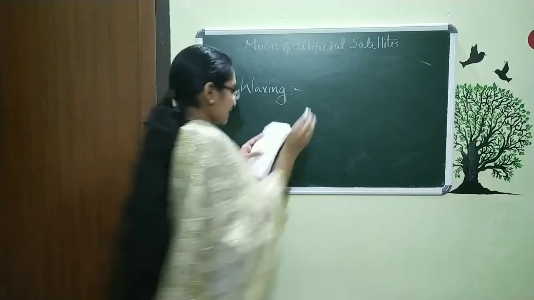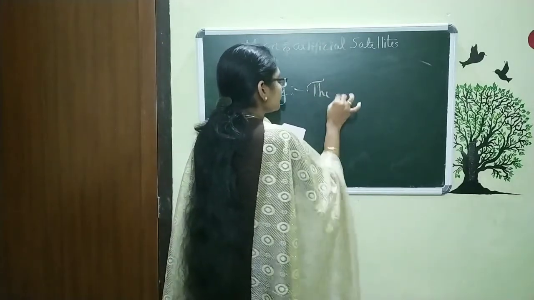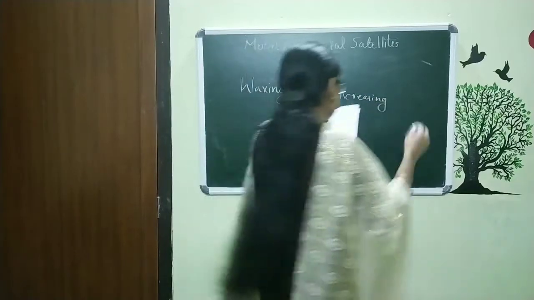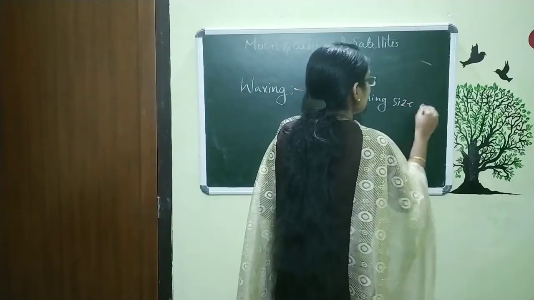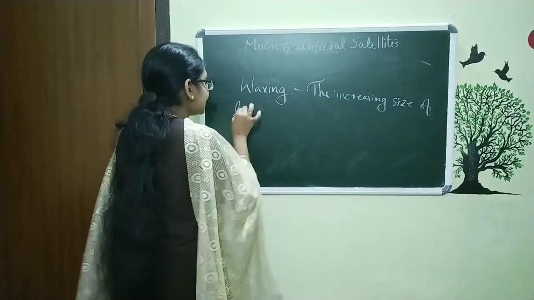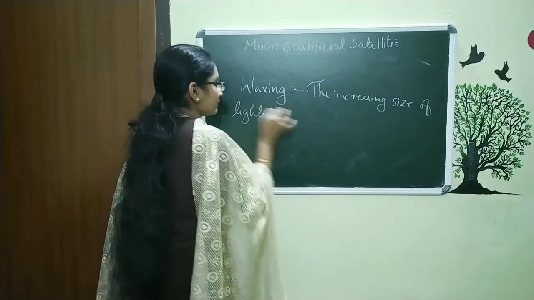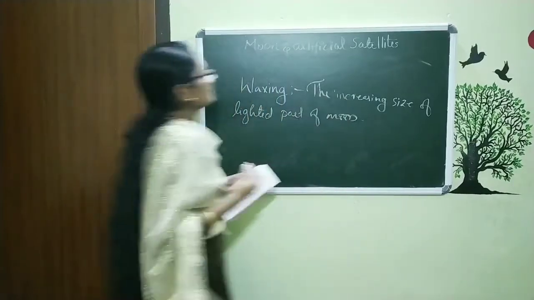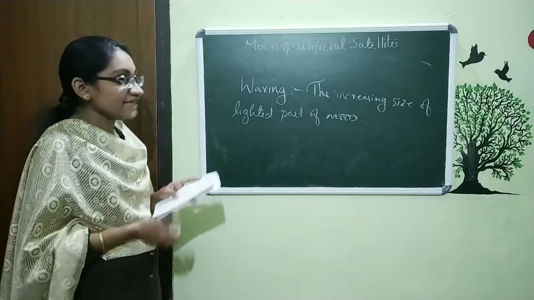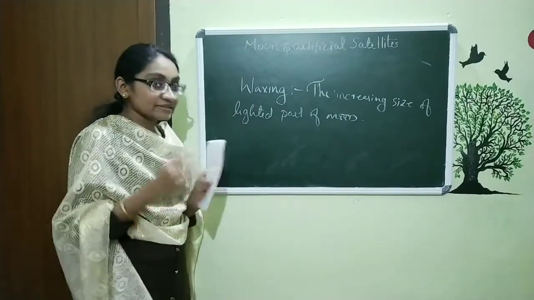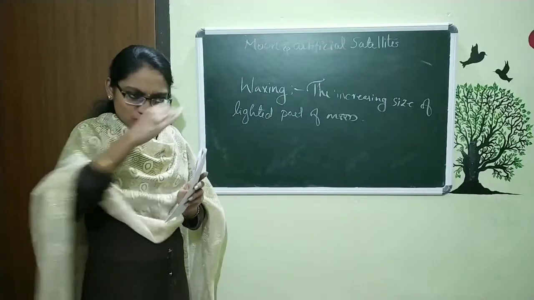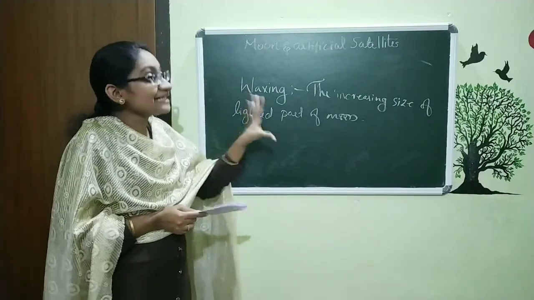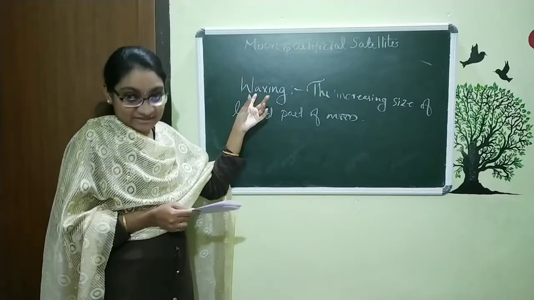Waxing means the increasing size of the lighted part of the moon. We said that at first no moon is there, then the crescent moon comes, a small portion, then the half moon. When the size of the moon is getting increased, I can call it waxing.